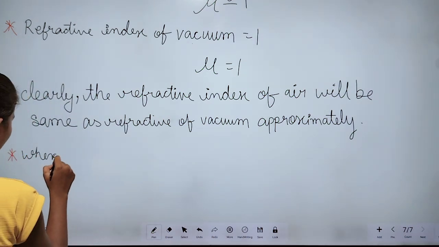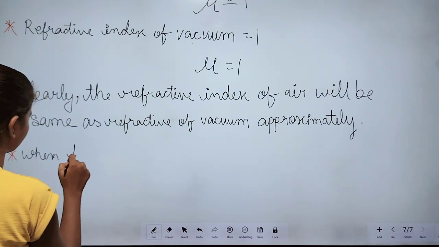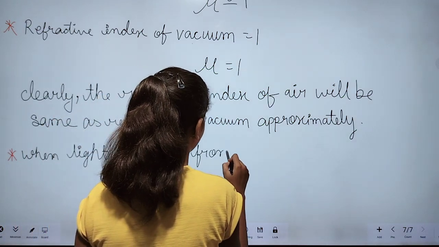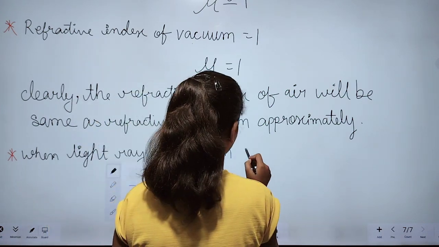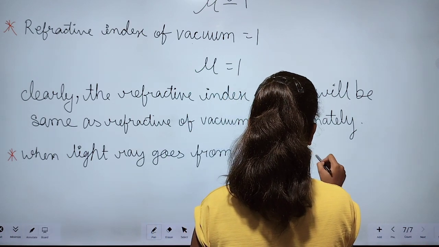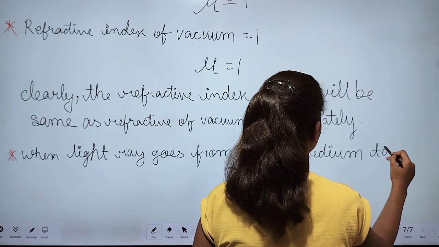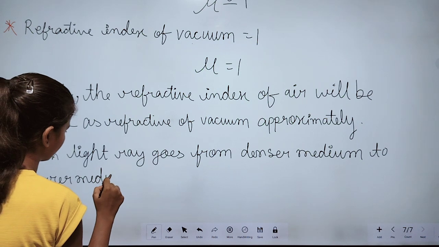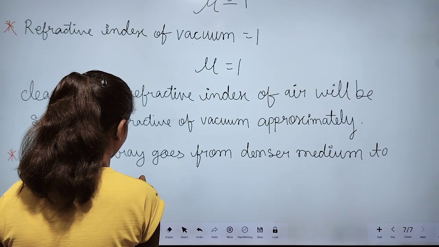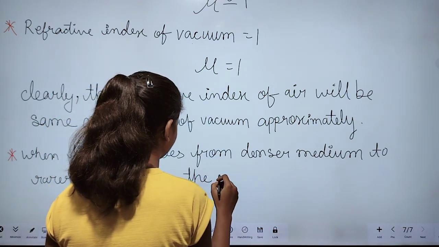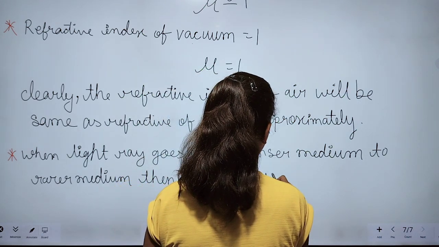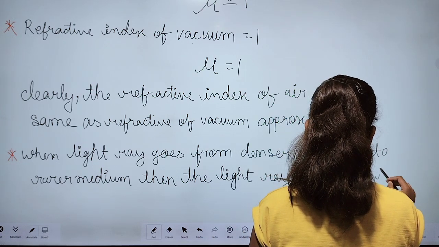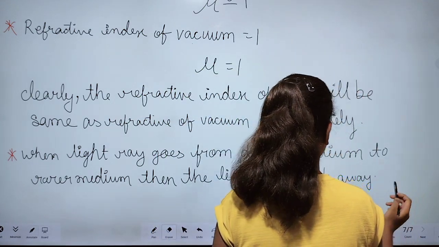When a light ray goes from a denser medium to a rarer medium, then the light ray bends away from the normal.